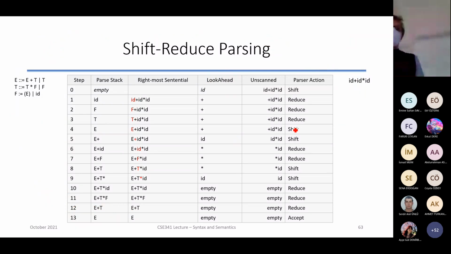Now, this algorithm says you can do a shift. A shift is possible when you take your current input, wherever it is. In the beginning, it will be the beginning of the input, and then it will move on, of course. And then you just push this on top of the stack.